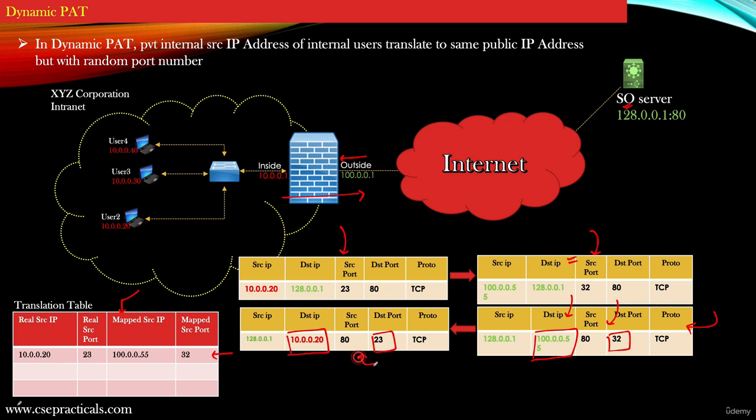And once the packet has been recreated into its original form, now the internal infrastructure of XYZ Corporation can route this packet based on destination IP address to the correct user, right? So you can see that the source port number, which was randomly generated by the firewall, plays a role in identifying how return traffic from the outside machine needs to be untranslated into the original traffic so that the original packet could be delivered to the right user. So this is how dynamic PAT works.